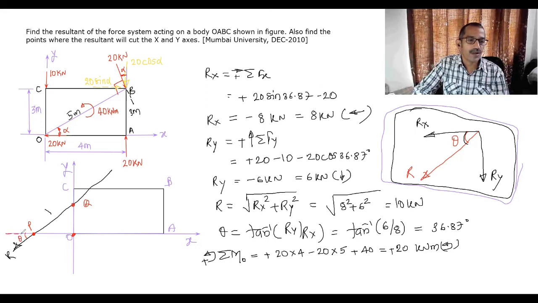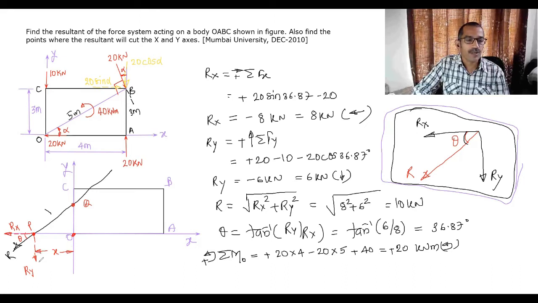If you resolve it at P, you get two components of the resultant: one component is Rx, the other component is Ry. Now the line of action of Rx passes through point O, which means the moment of Rx is 0. But you will get the moment of Ry, though X is unknown, which you have to find out.